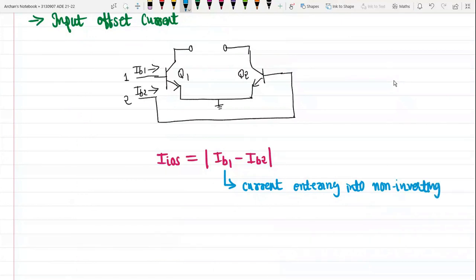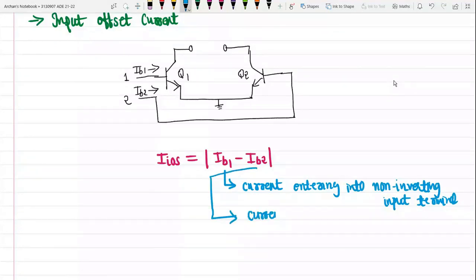Let us say IB1 is the current entering into the non-inverting input terminal, and IB2 is the current entering into the inverting input terminal.